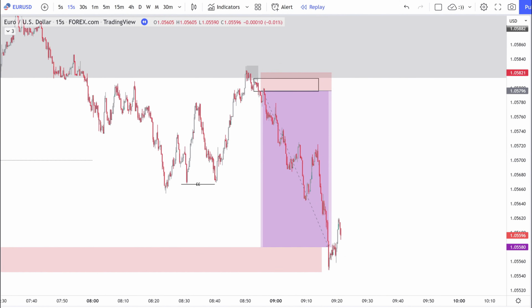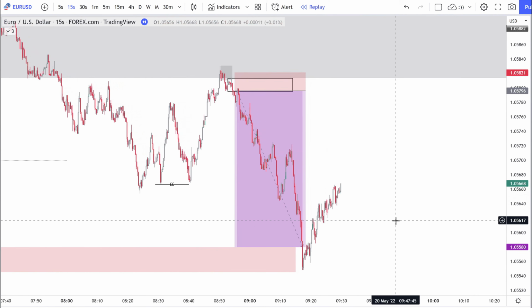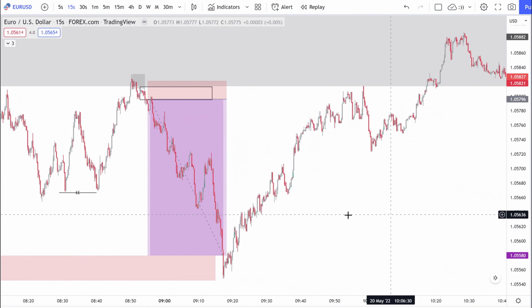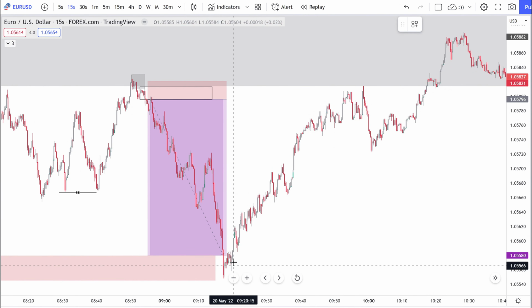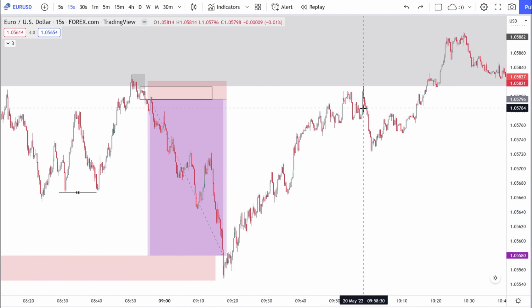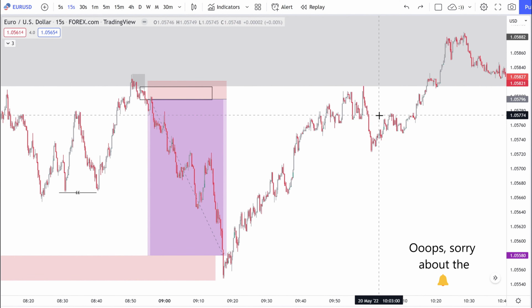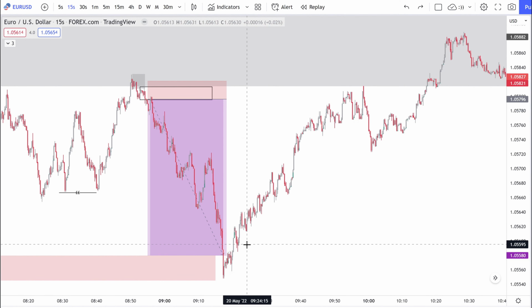So if I just play price out, just fast forward it, you don't want to run all this for price to then come take you out for break even. So that's just something to keep in mind in terms of management. Now I'm never going to tell you how to manage your trades. It's your trade and it's your trading plan. That's completely fine. Manage it accordingly. But this is just something to look at.